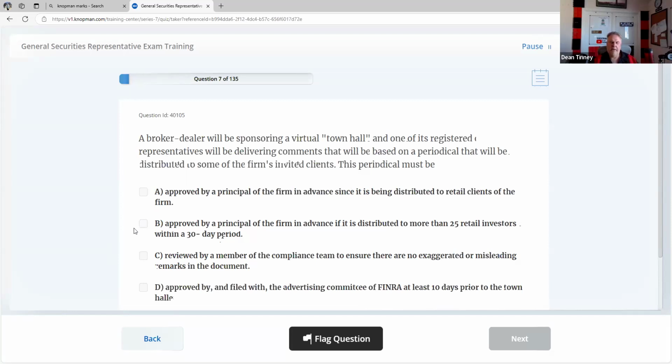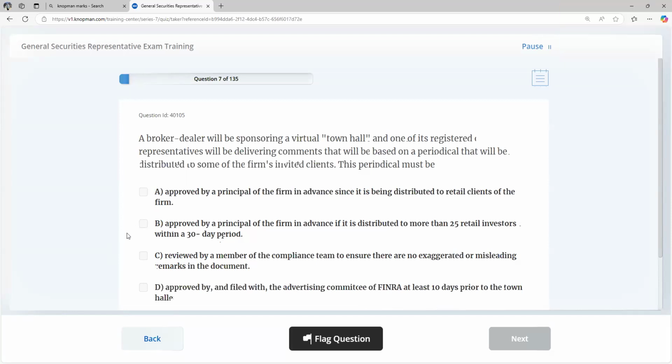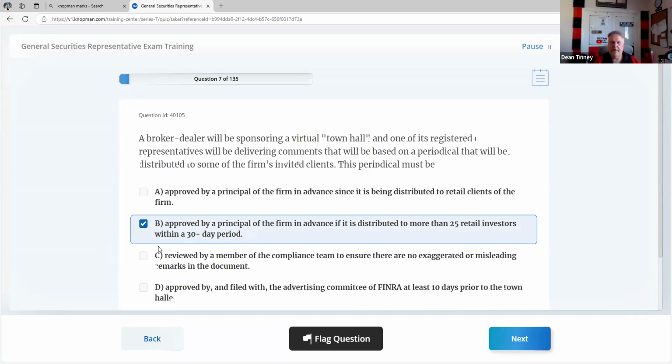I think B is the tighter, best answer. I was looking at B, because I also don't like the other two. B would be the other potential answer. I think this is an interesting question. They didn't provide us the more than 25 in the question, but they did provide it to us in the answer set.